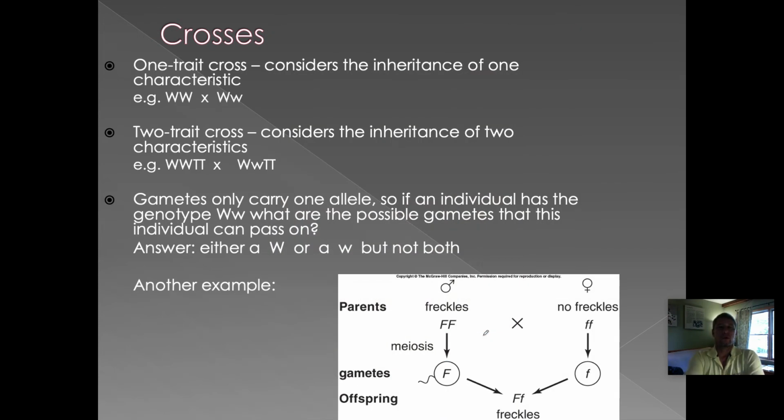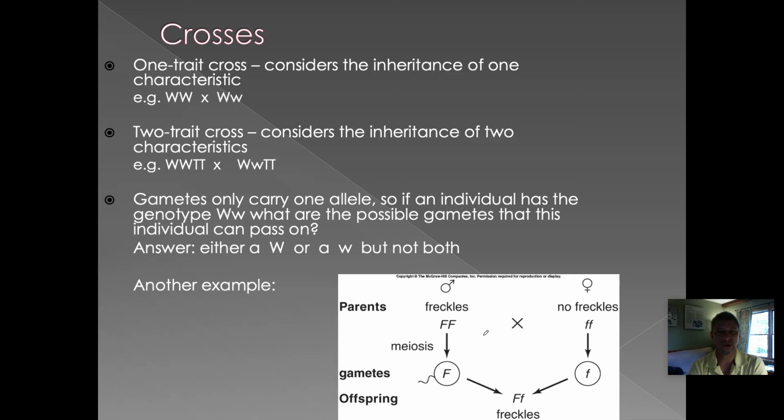So when we look at genetic inheritance, oftentimes we have to look at multiple generations, at least two, a parental and an offspring generation. This can be done in a variety of different ways. We can do this with a one trait cross, which is usually easier to think about mathematically, but it's not always possible.